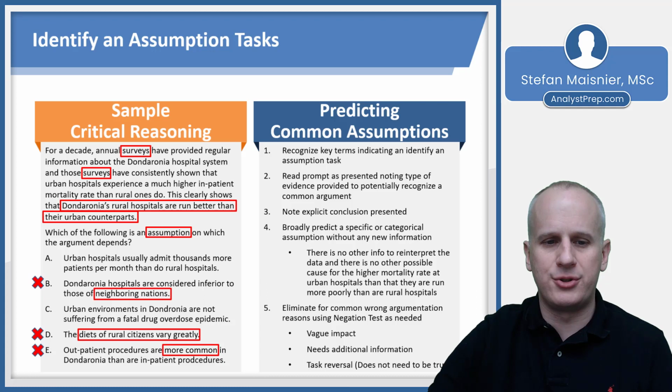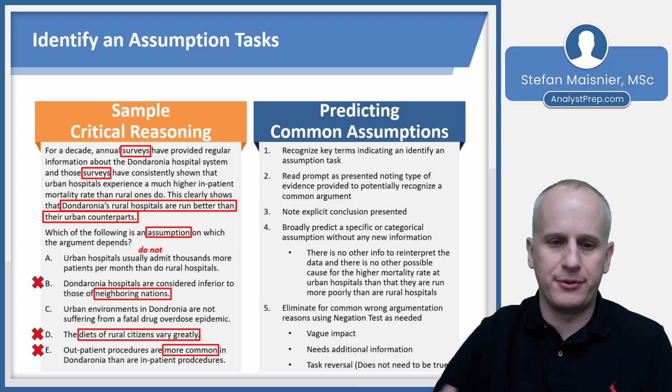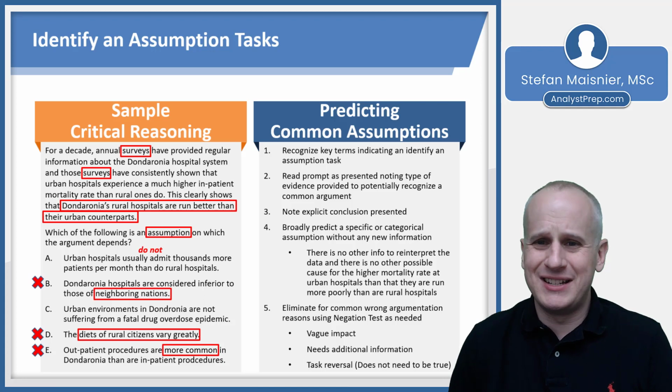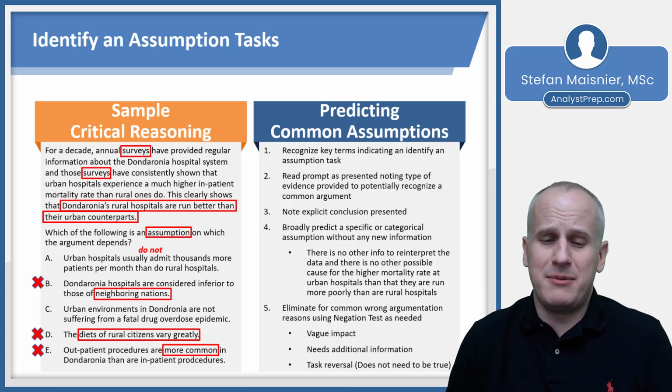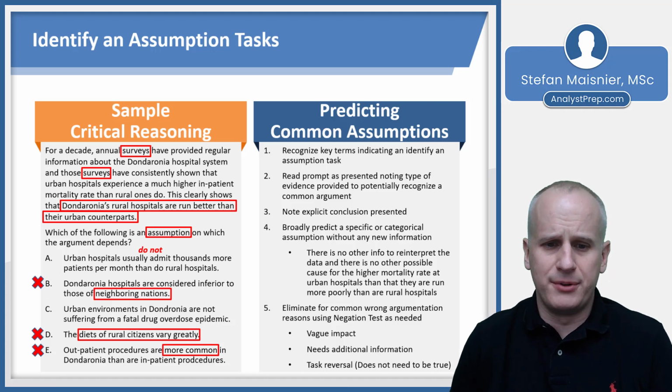So let's do that with choice A first. Urban hospitals usually do not admit thousands more patients per hospital than do rural hospitals. And we go, okay, well, when I was considering this in the affirmative, maybe that's relevant that the urban hospitals need to admit thousands more because that's how they end up with a higher mortality rate or something of that nature.